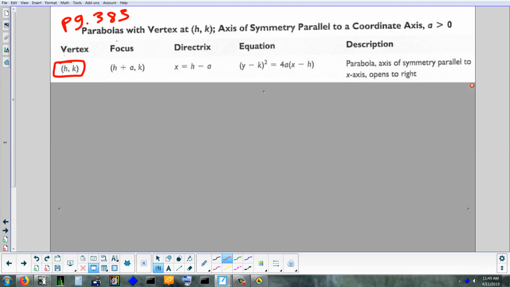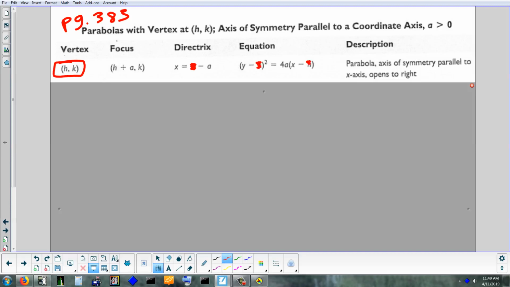I'll probably write that later on. But it's page 383. Now, if you cross out all the H's and K's here, you would go exactly back to the previous chart. Like pretend this H didn't exist. You get x equals negative a. If you go look at the simple chart, that's what it's going to say. Right?